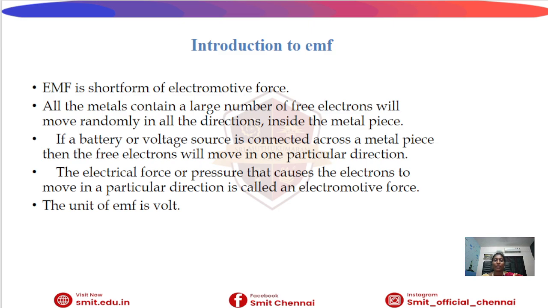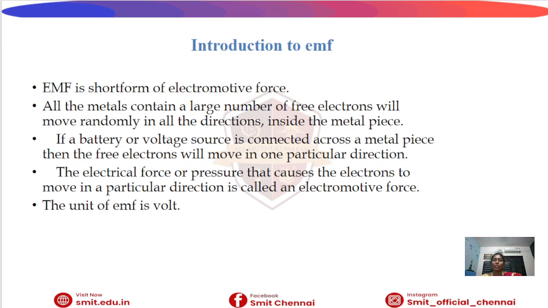Are you clear? If no source is given to the metal conductor, there are a number of free electrons which move randomly. If you give any supply, source, or battery, the electrons flow in one particular direction. This electrical pressure, this force, is called EMF.